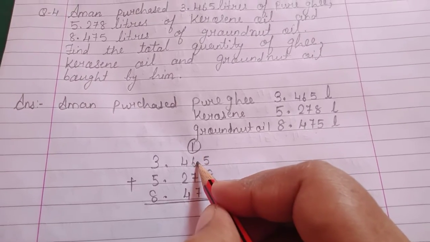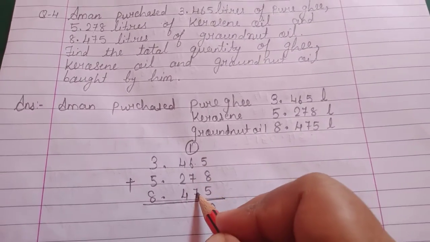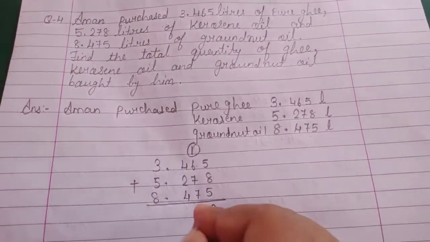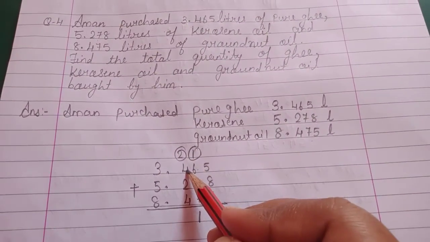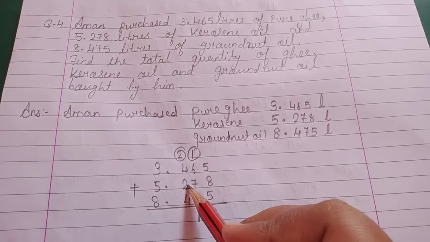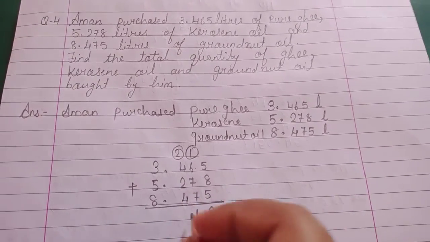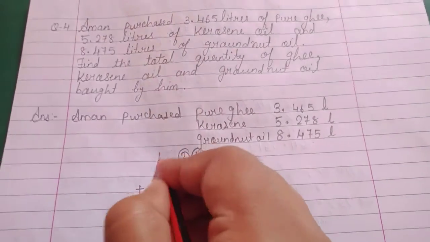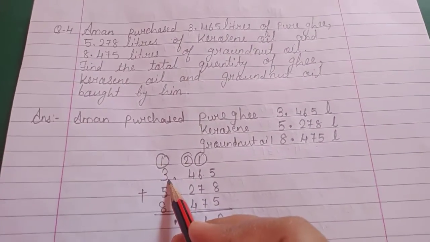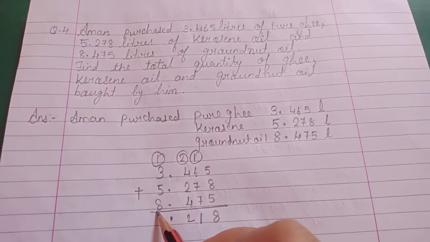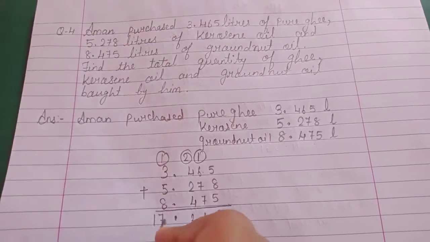Now 1 plus 6, 7, 7 plus 7, 14, 14 plus 7, 21. So 1 we will write down, 2 will be carried over. 2 plus 4, 6, 6 plus 2, 8, 8 plus 4, 12. So 2 we will write down, 1 will be carried over, and this decimal point we will write here. 1 plus 3, 4, 4 plus 5, 9, 9 plus 8, 17.